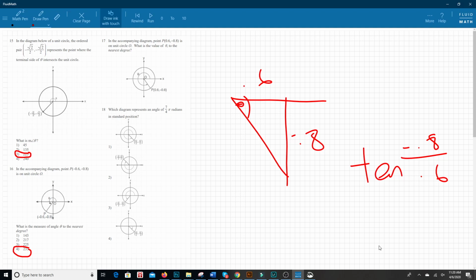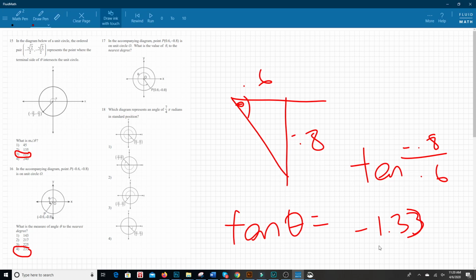Actually, let me do it better this way. Negative 0.8 divided by 0.6? So I have negative 1.3333. This is tangent, right? Tangent theta equals negative 1.33.